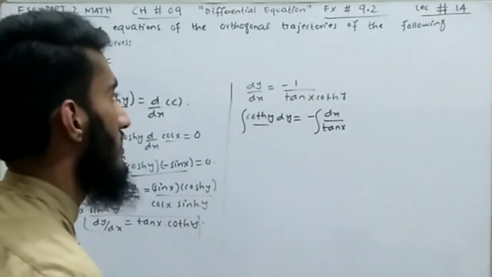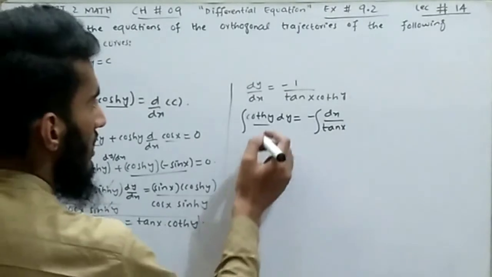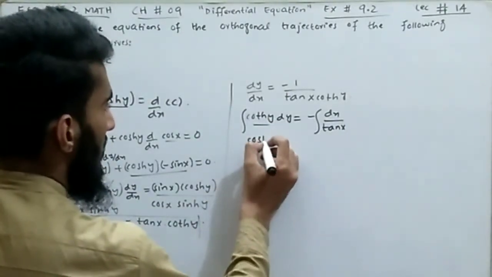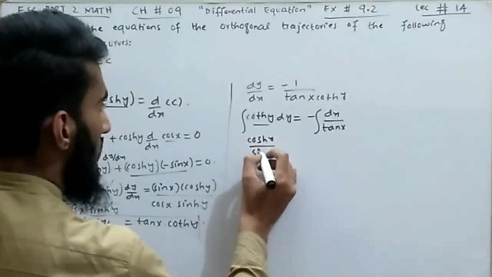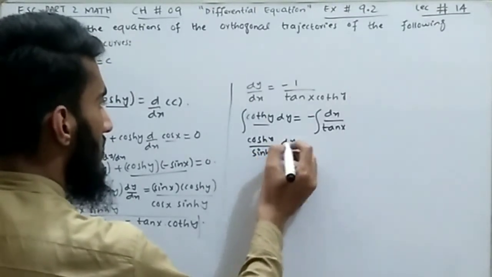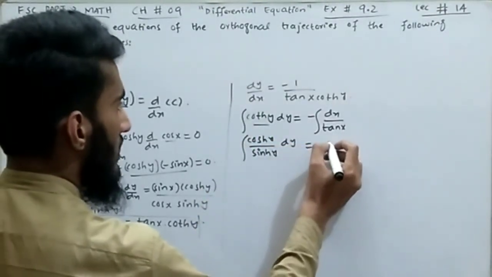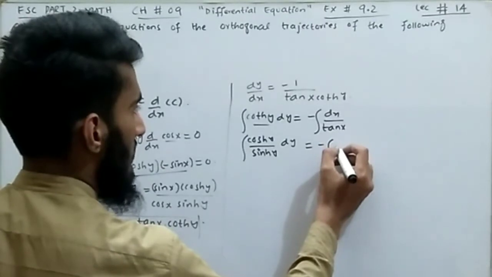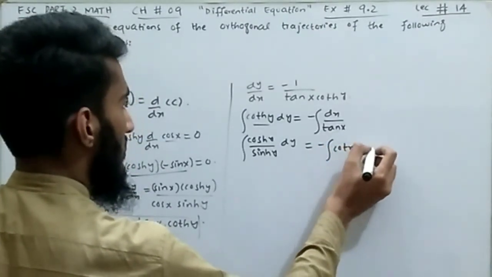Cotangent hyperbolic y can be written as cos hyperbolic y over sin hyperbolic y into dy. The integral is equal to minus 1 over tangent x, so it becomes cotangent x dx.